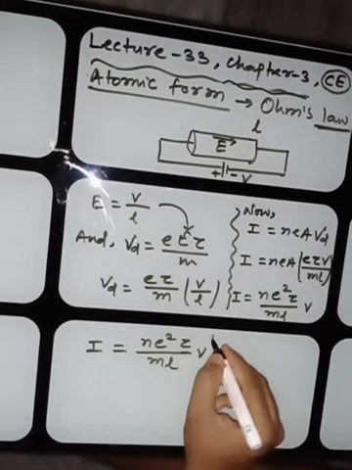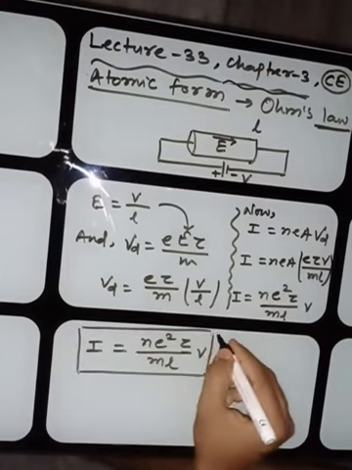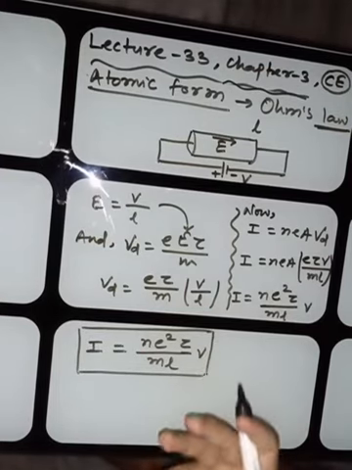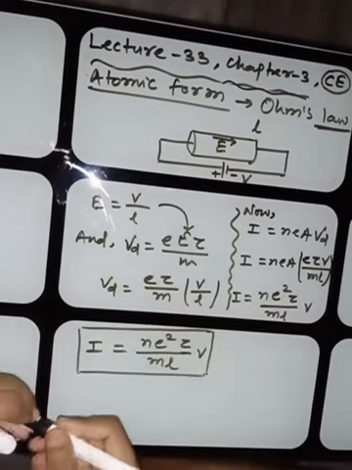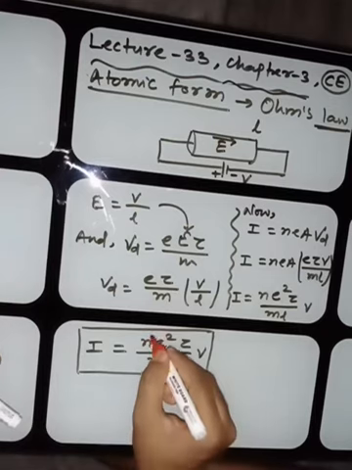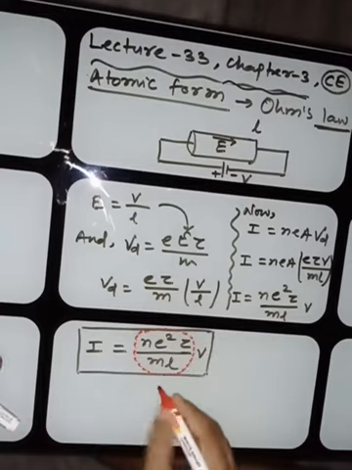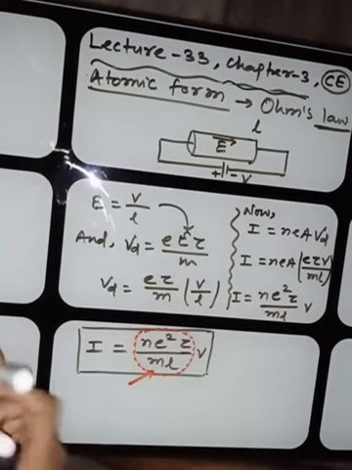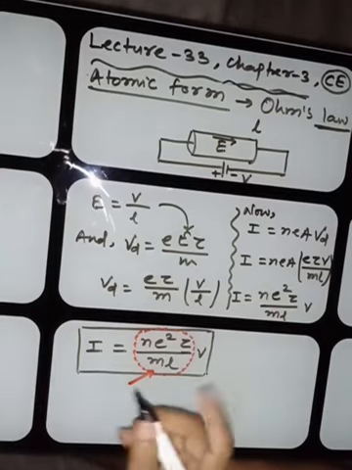My dear student, this is a very important relation, and this is the atomic form, but you cannot see Ohm's law directly here. So I'm showing you Ohm's law in this equation. This particular quantity, which you will study later in higher classes, is called conductance.